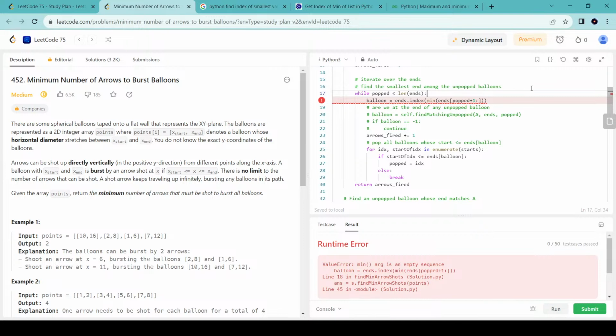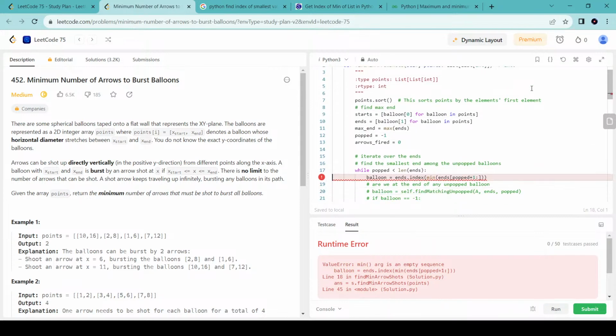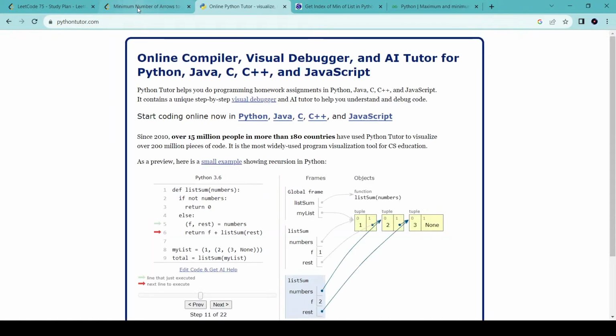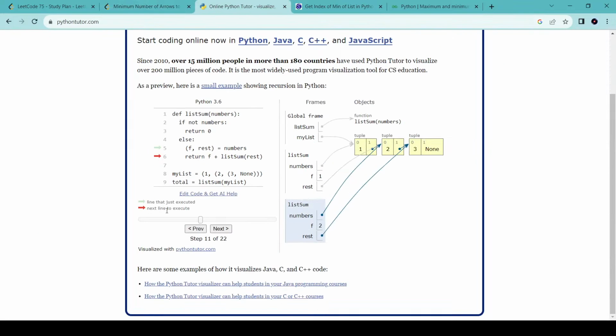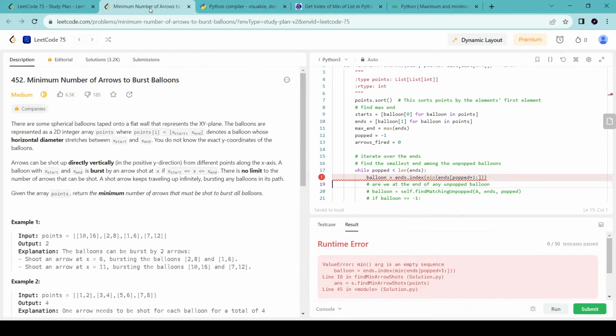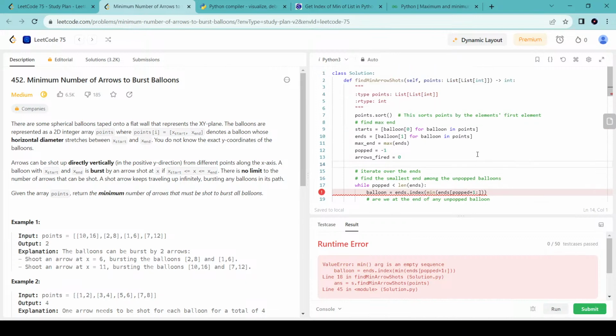Min arg is an empty sequence. Okay. Plus 1. How can this be? Well, let's bust out Python Tutor and see where we're at. You know, the day will come when I finally give up on Python Tutor and we use a real IDE to help us step through. How cool.